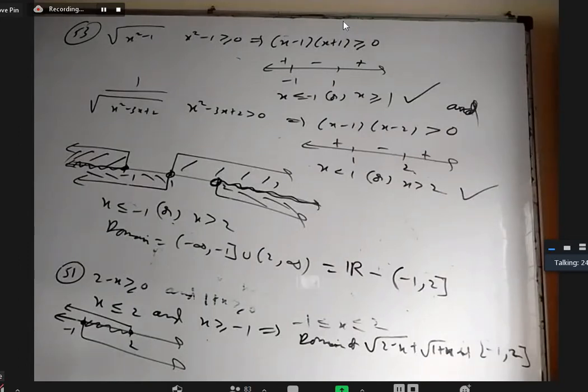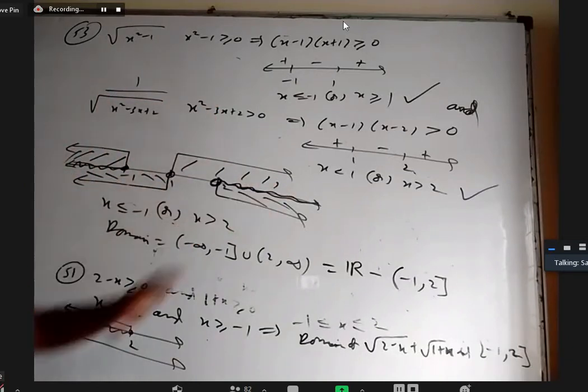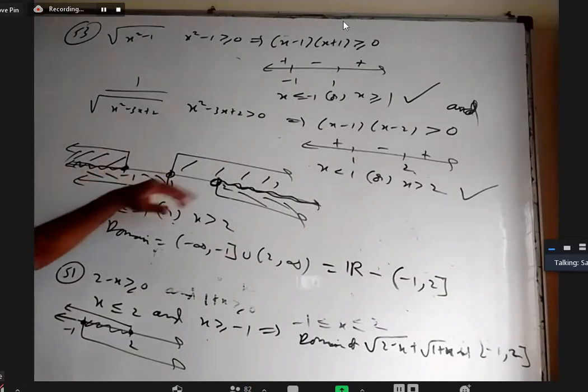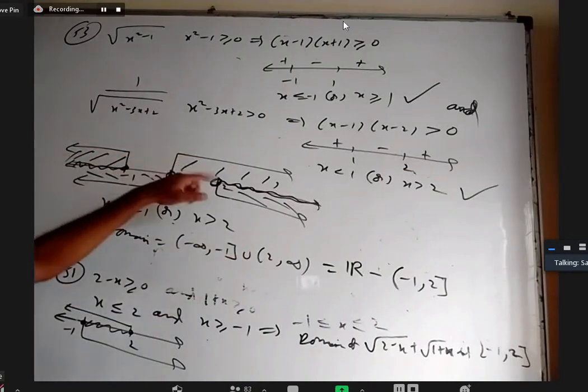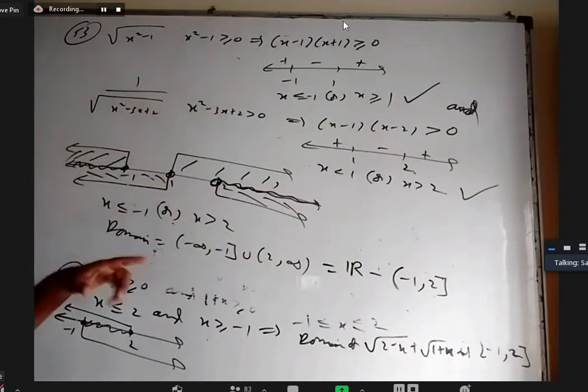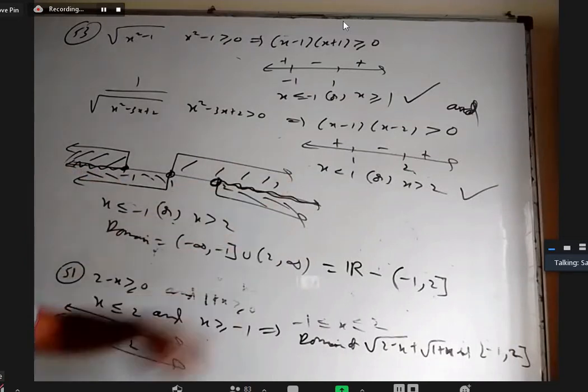Sir, once again, can you explain how you took the intersection? Okay. You take the number line. Above the number line, mark the first inequality, which is all less than minus 1, all more than 1. Below the number line, mark the second intervals, which is less than 1 and more than 2. The shaded line like this is the upper inequality, and the shaded line like this is the second inequality.